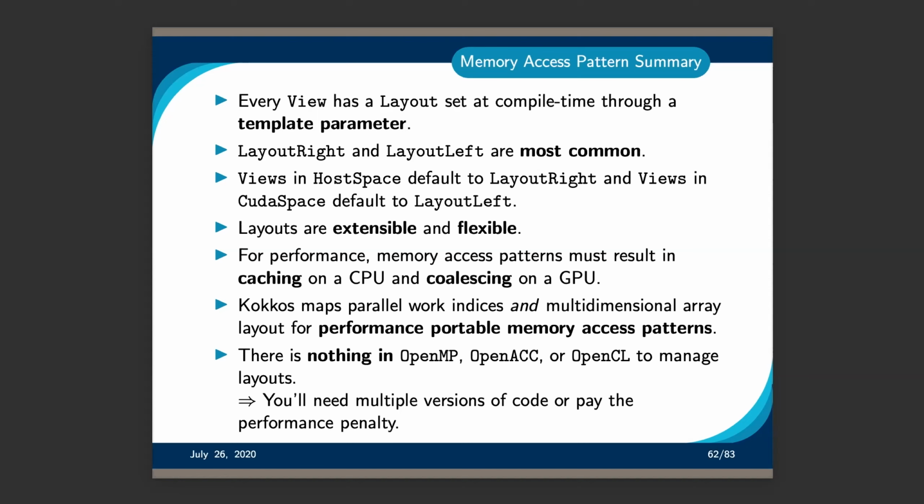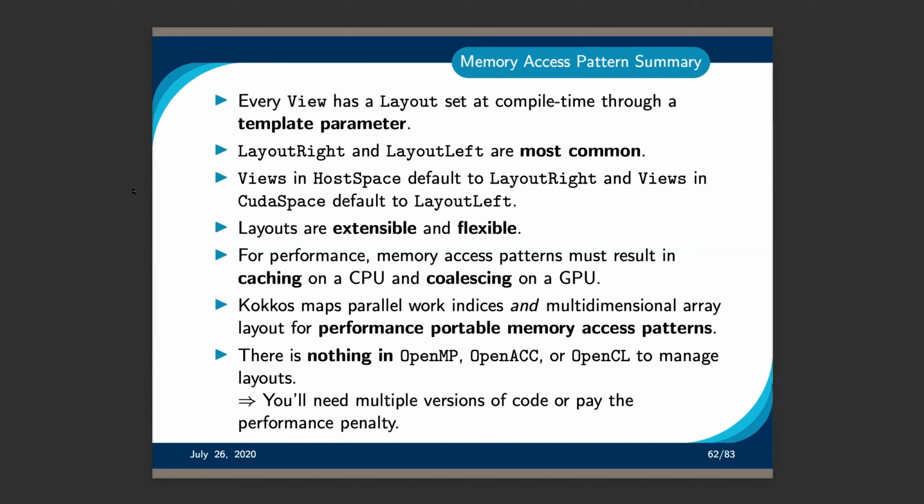For performance, these memory access patterns must result in caching on CPUs and coalescing on GPUs. Tools help you with figuring that out. For example, on GPUs there is this property of access efficiency, essentially the difference between what we call requested global accesses versus actual global transfers, and so you can see whether you do something wrong there.